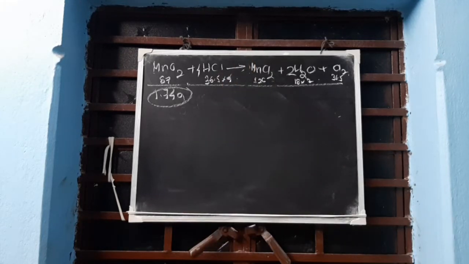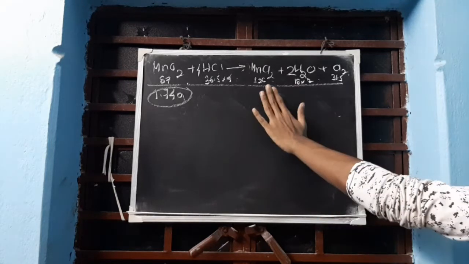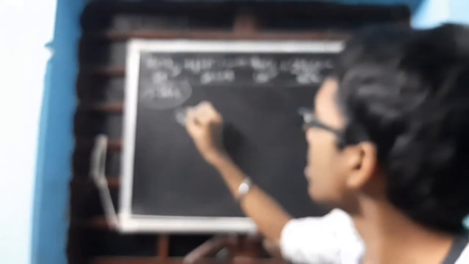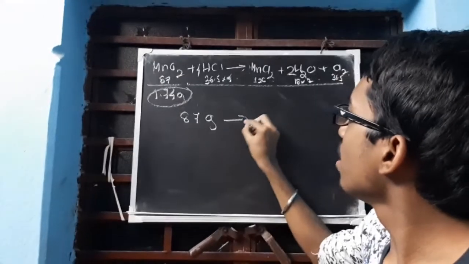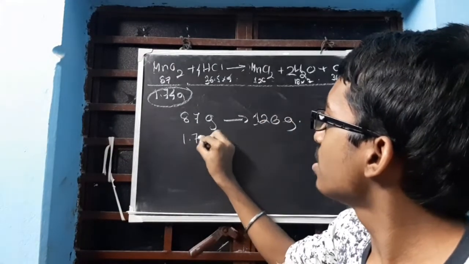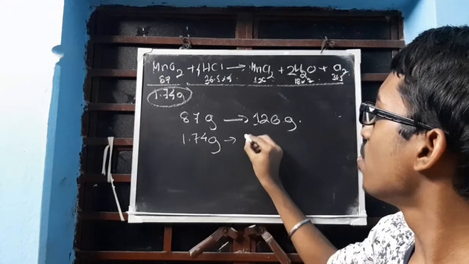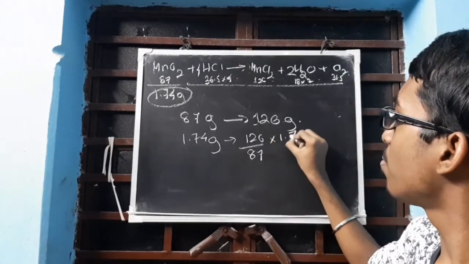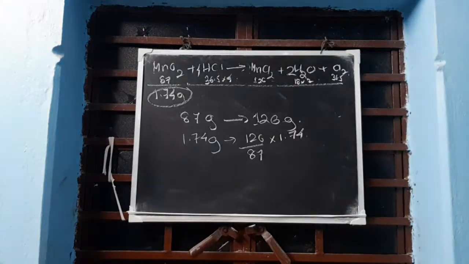1.74. Next, moles of salt formed. This one. Now the question: 87 gram gives you how much? 126 gram salt. 1.74 gram will give you 126 upon 87 into 1.74. Correct or not correct?